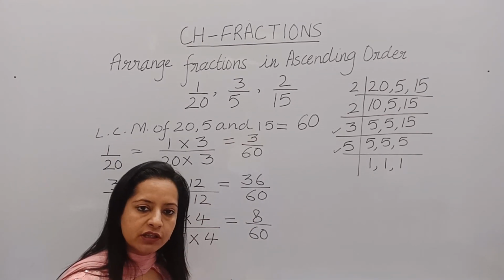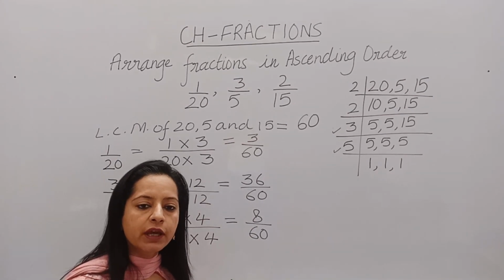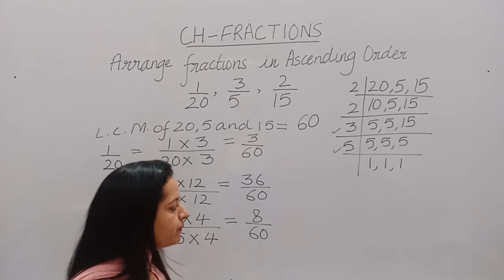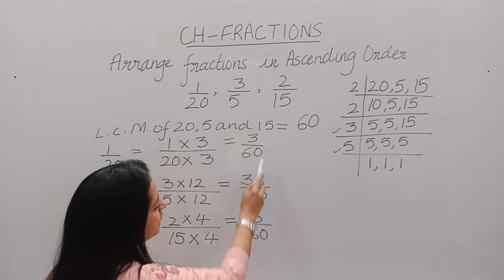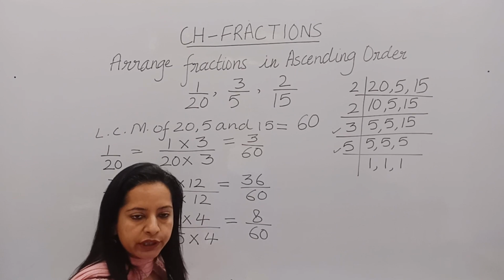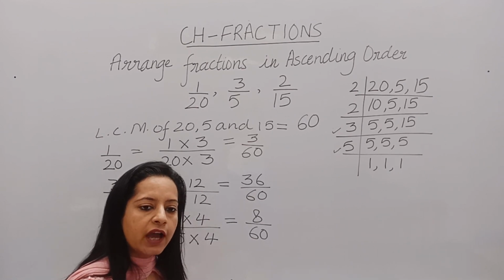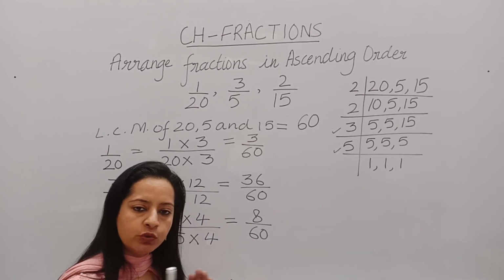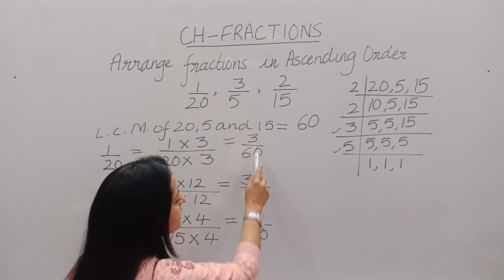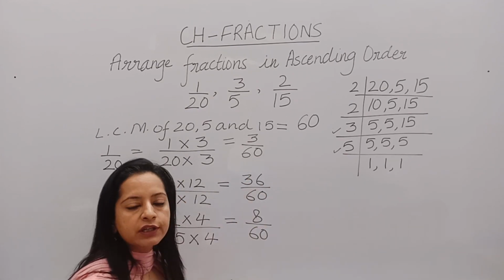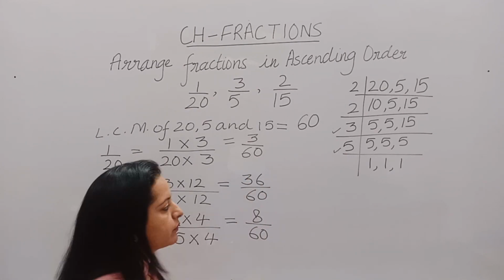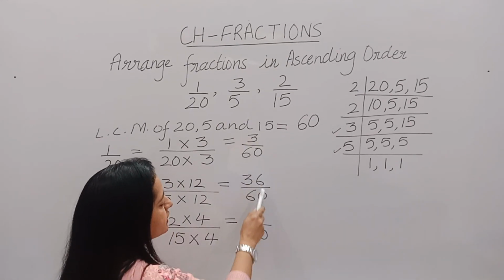Now since the denominator is the same, we just have to compare the numerators, right? Here the numerators we have are 3, 36 and 8. In ascending order we have to start from smaller to bigger numbers. So let us see which fraction has got the lowest numerator. We have got here 3, 36 and 8.